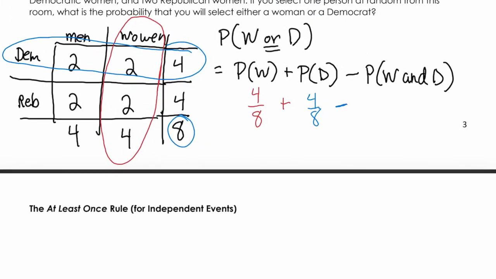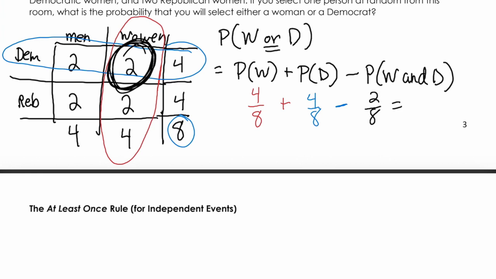But I want to subtract anybody that was counted twice. If you notice, then these 2 people here were counted twice. I counted them in the Democrat probability, and then I also counted them in the probability of choosing a woman. So I don't want to count those 2 people twice, so I'm going to subtract off 2 out of 8 to make sure they're not counted twice.